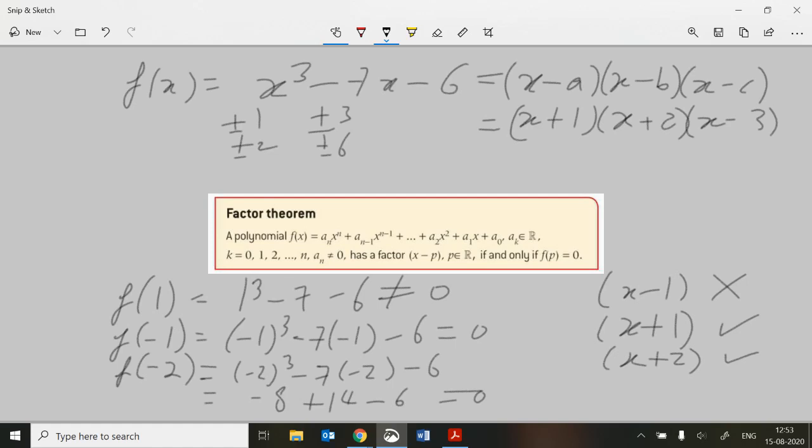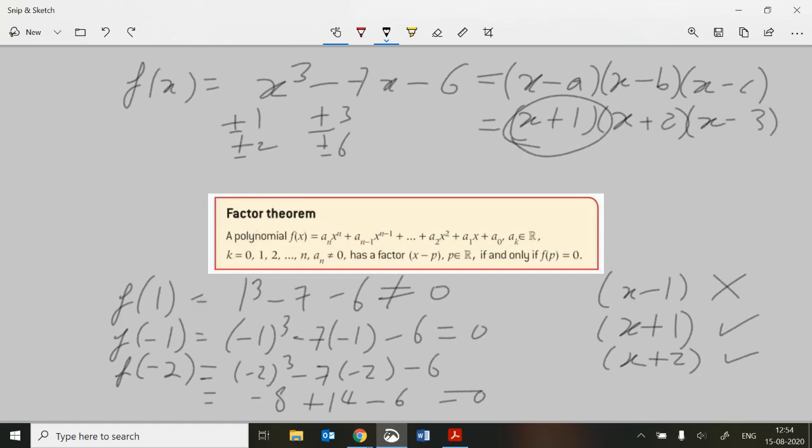And we've found our factors by doing some clever guesswork using the factor theorem. Now, that's not explained in the book, but obviously you could be asked in an exam question, can you check, for example, that x plus 1 is a factor? To do that, you would substitute in the minus 1 to check that you get a 0.